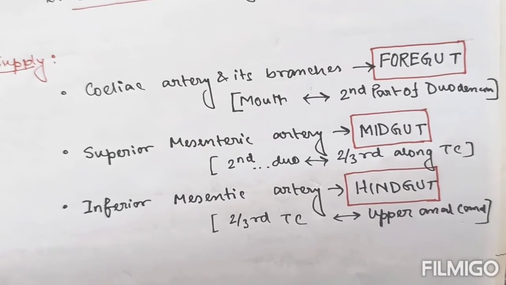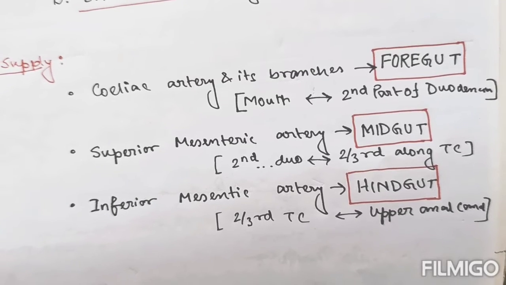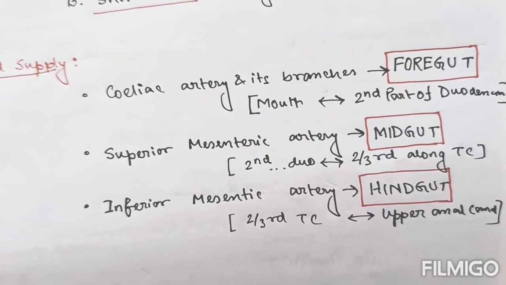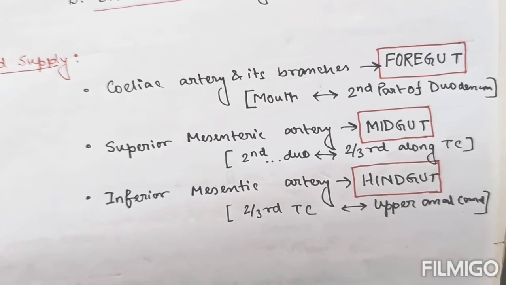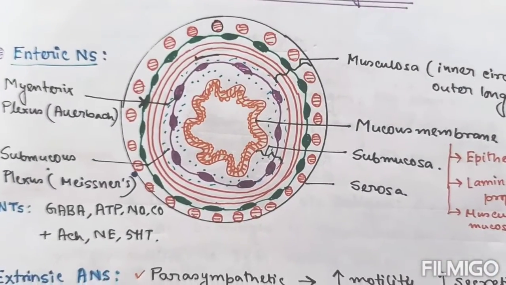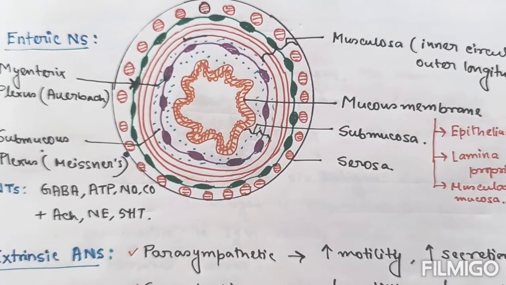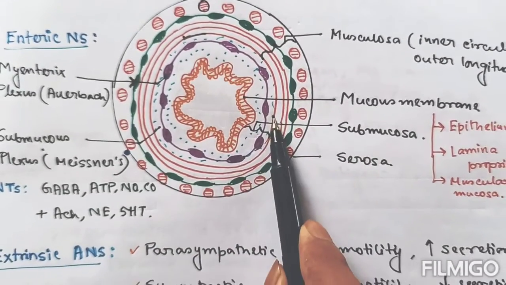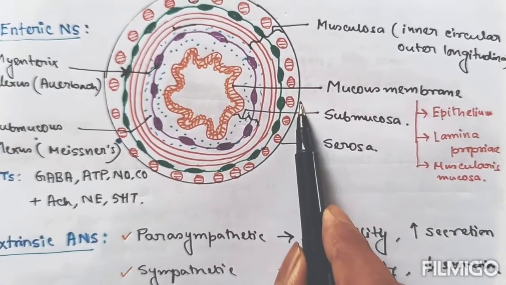So as a quick recap, the foregut is supplied by the celiac artery and its branches, the midgut is supplied by the superior mesenteric artery, and the hindgut is supplied by the inferior mesenteric artery. And the layers of the GI tract all over the system are mucosa, submucosa, musculosa and serosa.